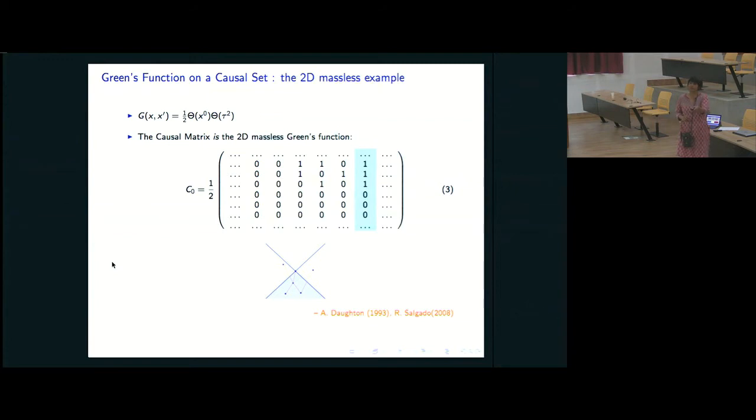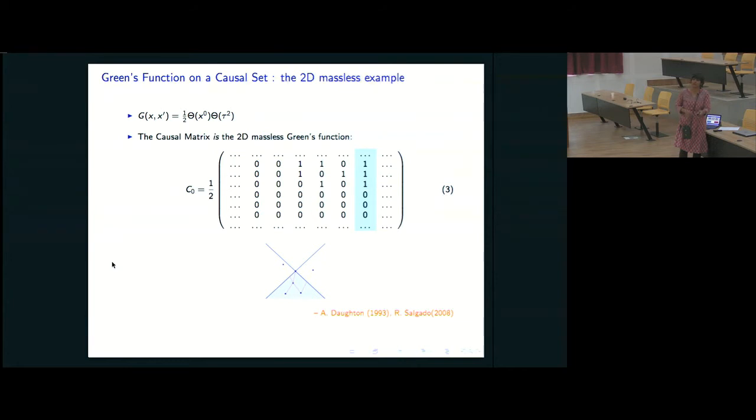Because of the structure of this thing that I've written here, this is the form of the causal set that appears here. So in other words, if I just look at the 2-dimensional case, then the information in the causal set is the propagator. And that's all the work I have to do.